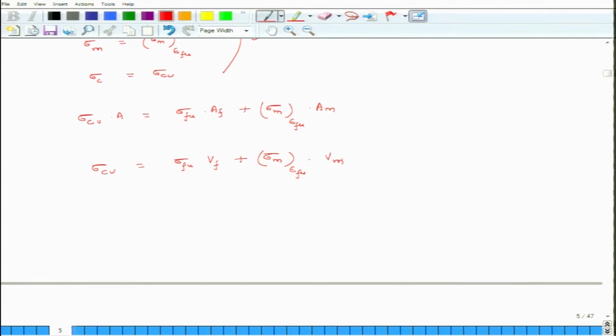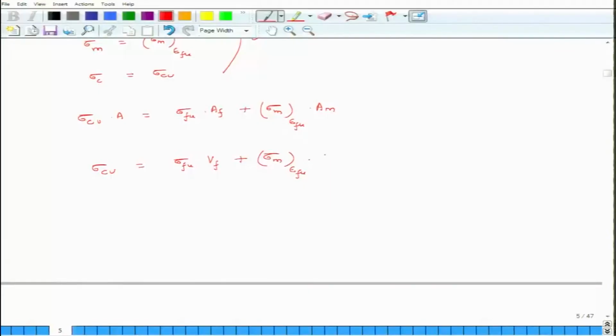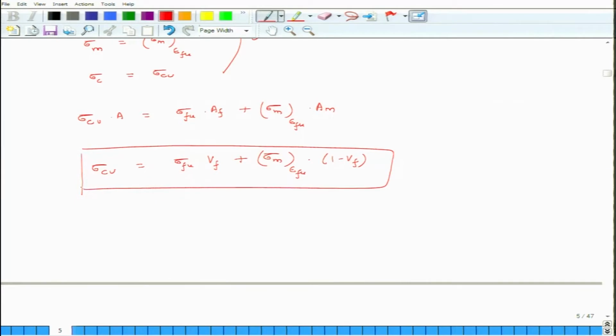But Vm is what? If there is no air in the system, if there are no voids, then Vm is nothing but 1 minus Vf.